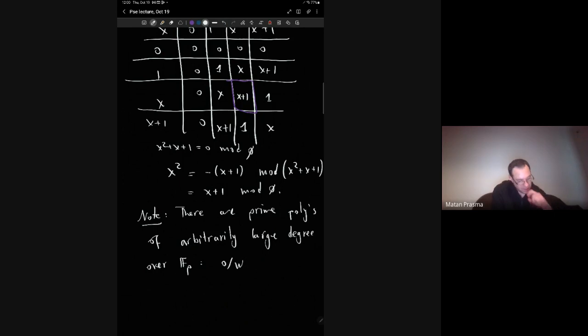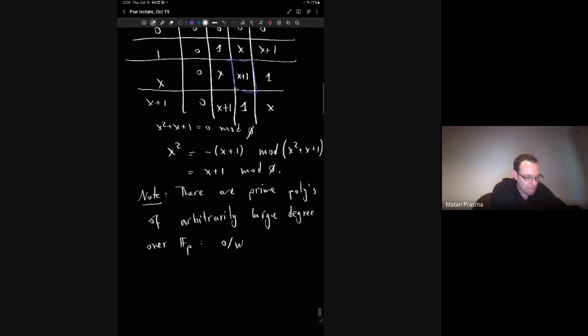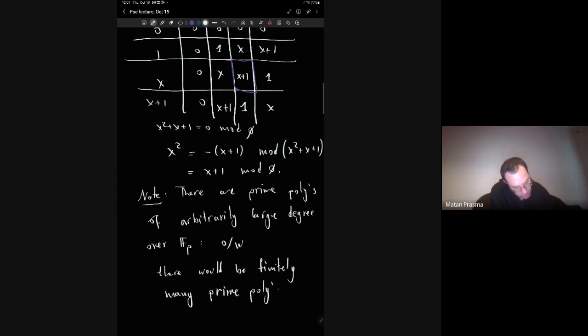Otherwise, if prime polynomials can only exist up to a certain degree, there would be finitely many prime polynomials over Fp.